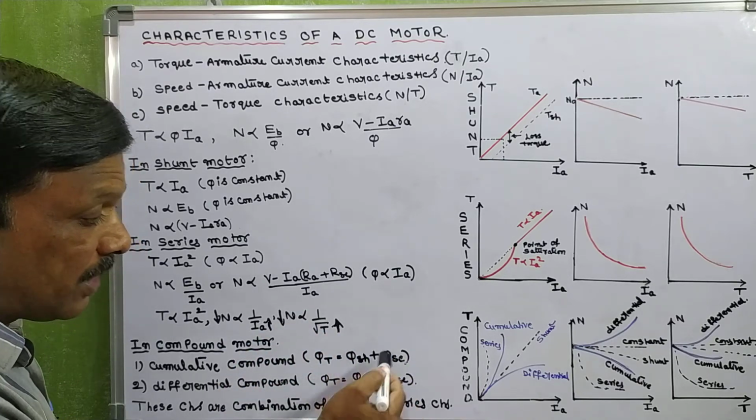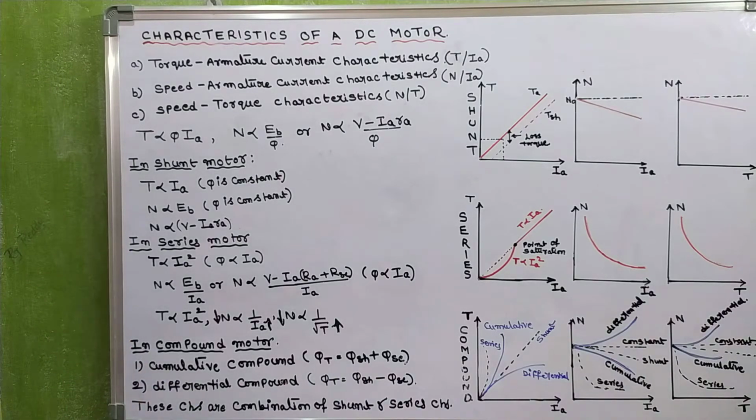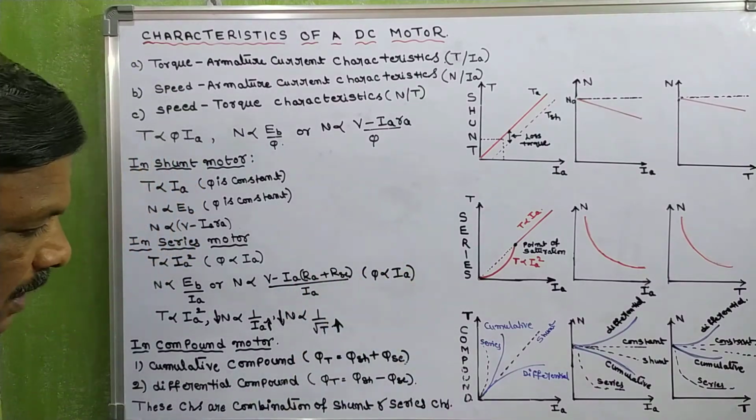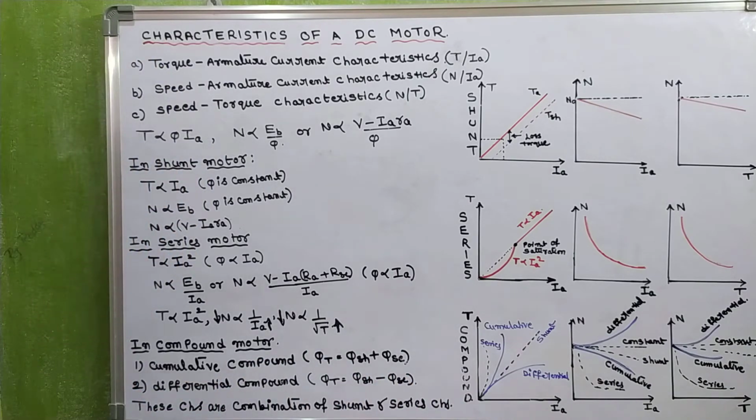Here the fluxes strengthen each other. And coming to differential compound, the total flux is equal to shunt field flux minus series field flux. Here the fluxes oppose each other. Finally, in differential compound the flux weakens, and in cumulative compound the flux strengthens.